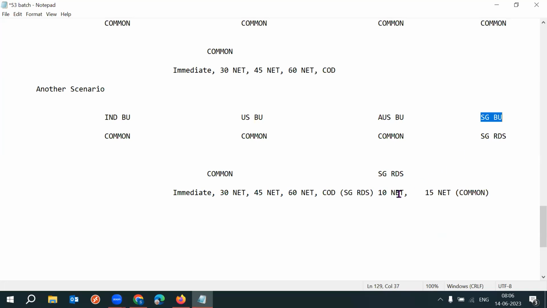It should be 3, right? 10 net, 15 net, and COD. Not only these two, it can be accessed by this payment term also, COD, because the COD we assigned to which reference data set? Singapore.